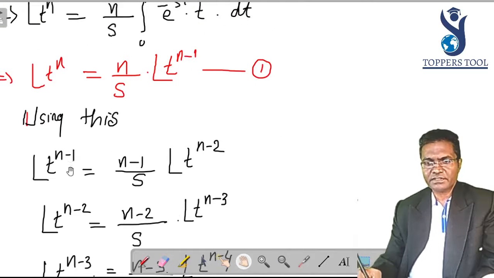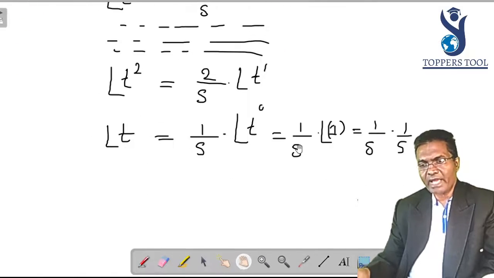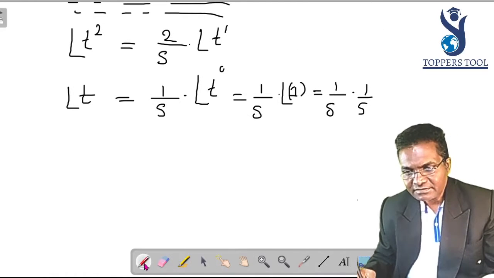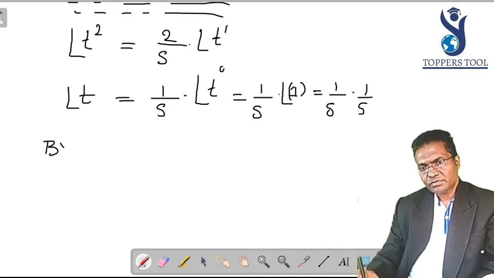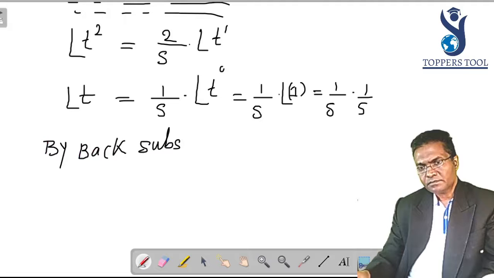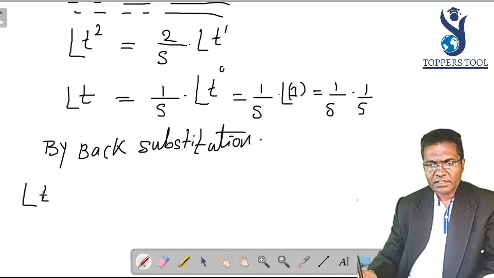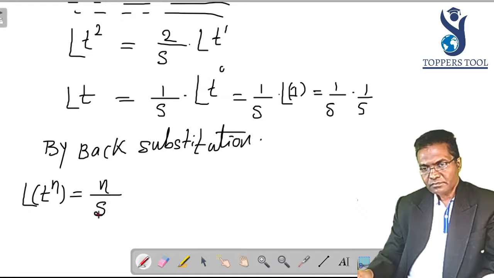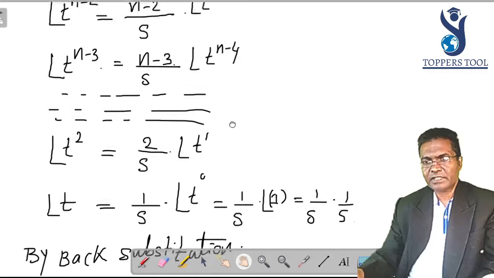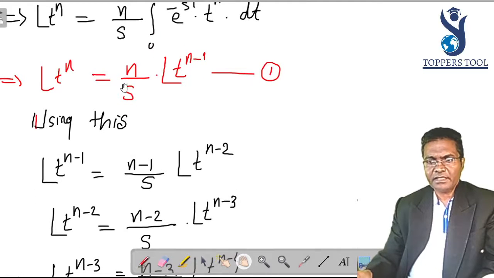You know this is this much and this is nothing but this much. So you have to back substitute all these in 1. By back substitution, L of t power n is equal to n by s into this much, and this is nothing but what we have here.